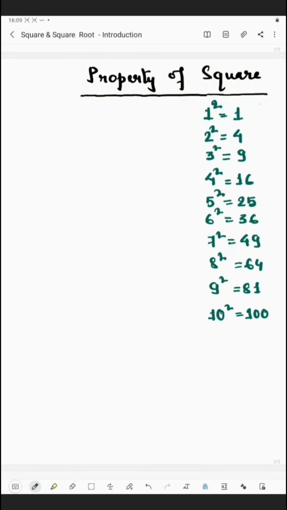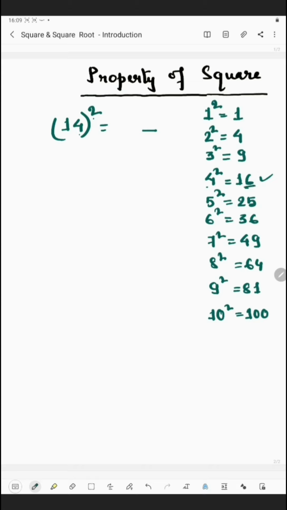Okay. Now the digit at unit place. The digit at unit place means the digit at ones place. If I take the number say 14, without finding the square, how will you say what would be the unit digit of the square of 14? See, here 4 square means 16.